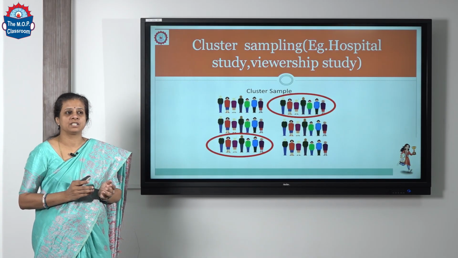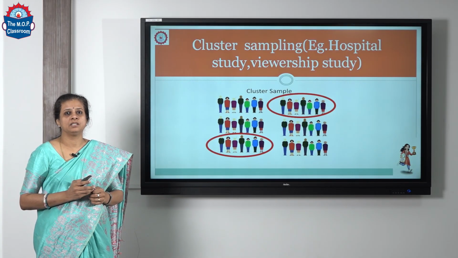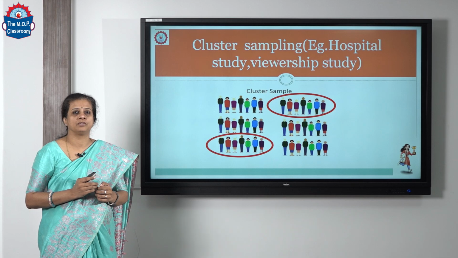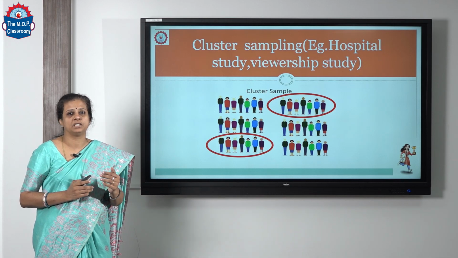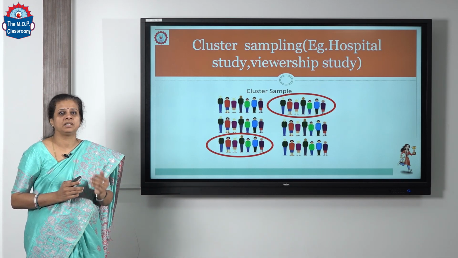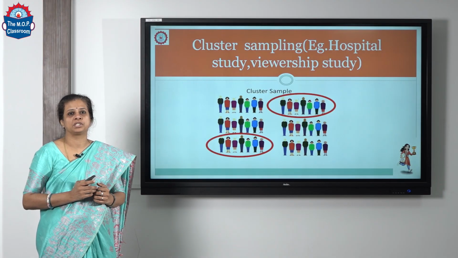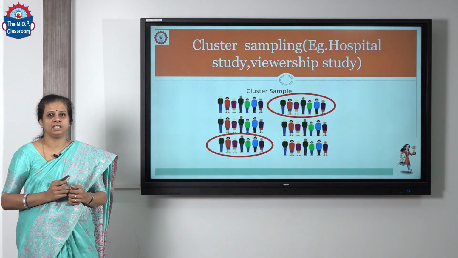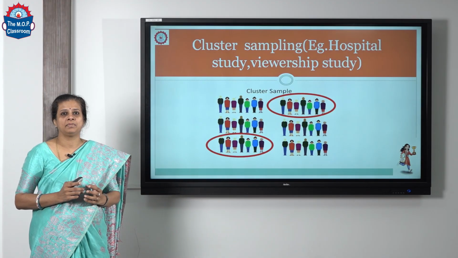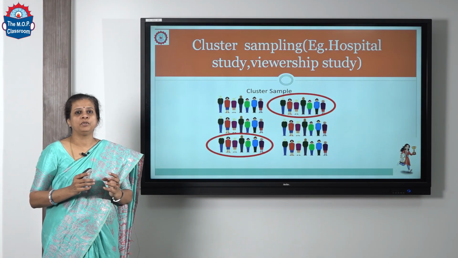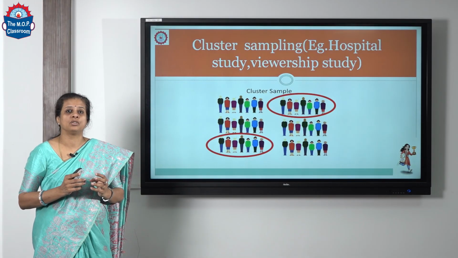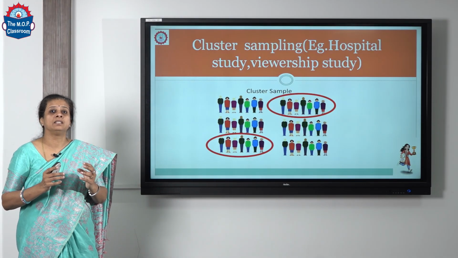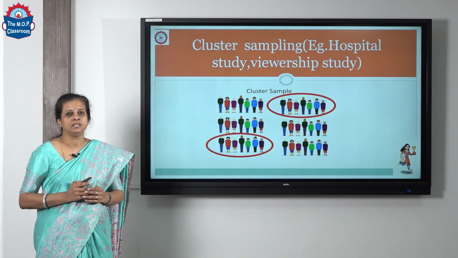The profiling of patients in a hospital may have different criteria for different age groups. At the same time, the profiling for TV viewership will also differ, as choices and preferences would be different for different age groups. So, the cluster sample is one wherein a group of individuals have similar characteristics and they are put together to conduct a study.